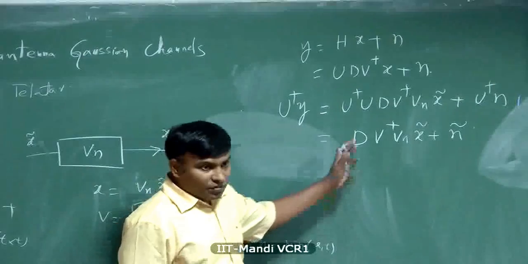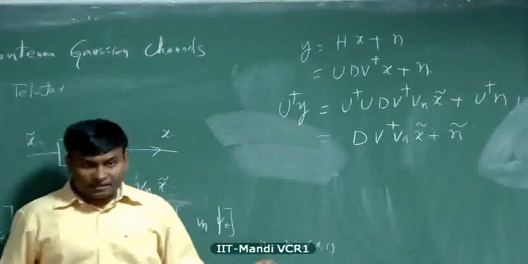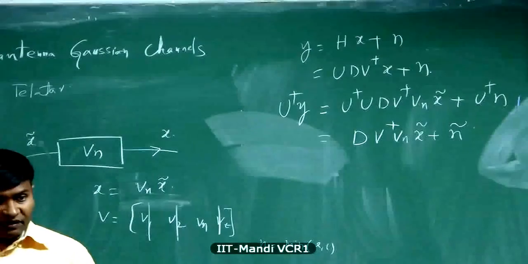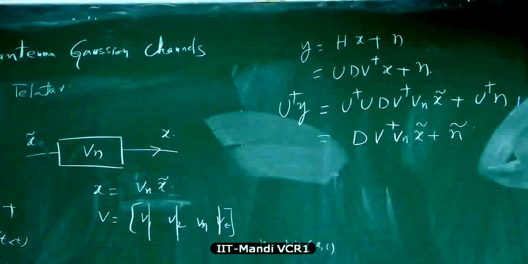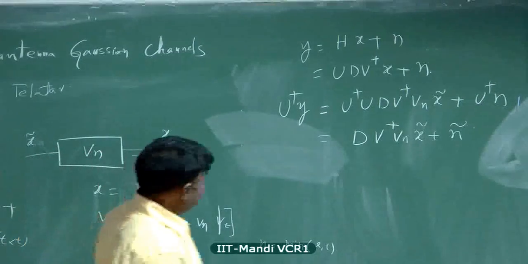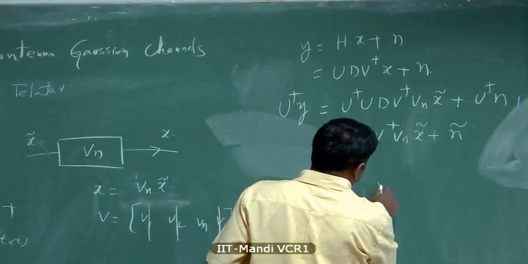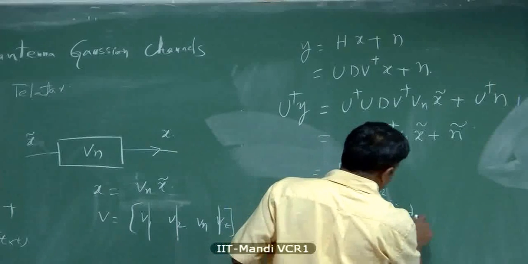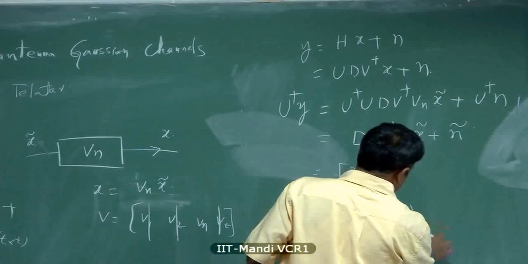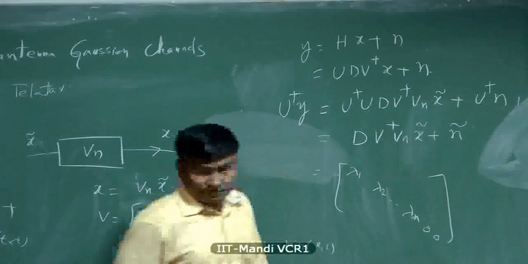Okay, and then let's see how we recover our individual data streams. Like I said, Vn where n could range from 1 to min of R, T. So D is a diagonal matrix, lambda 1, lambda 2, up till lambda n, and then possibly zeros elsewhere.